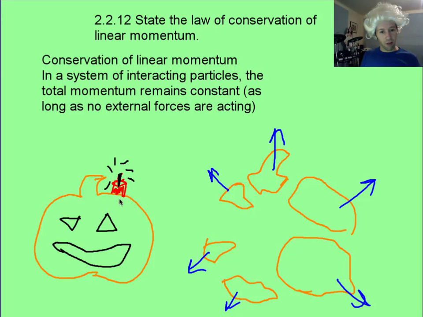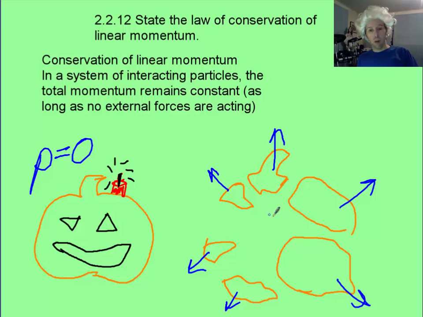But let's say that we've got a jack-o'-lantern that is floating in space, which would be pretty awesome, and it has a stick of dynamite or a large firework in it, which would also be pretty awesome. And it's just floating here, not moving, so we could say that its momentum is clearly 0. It's not moving. And then it explodes.